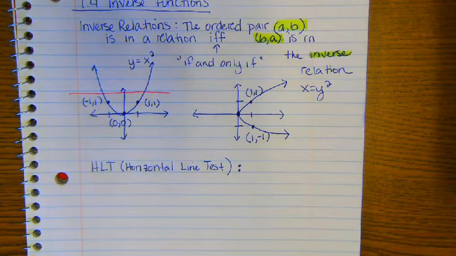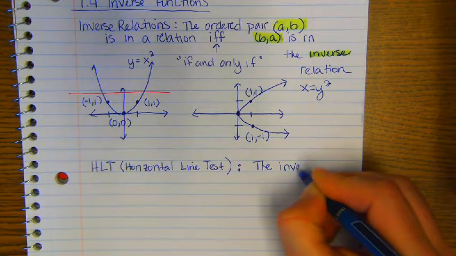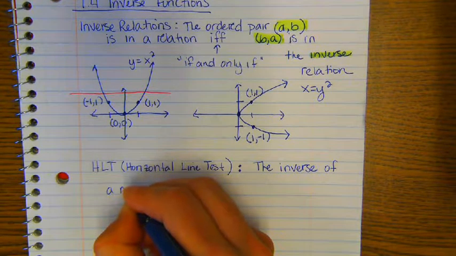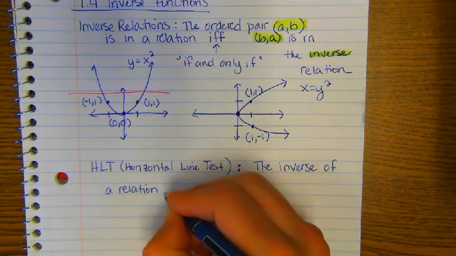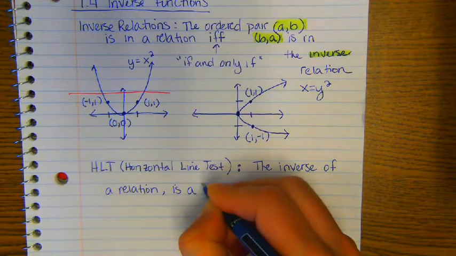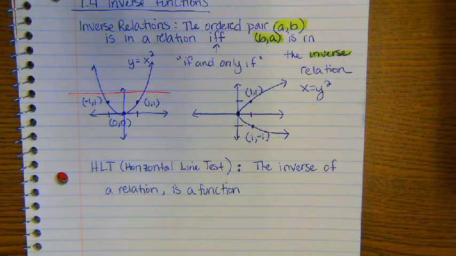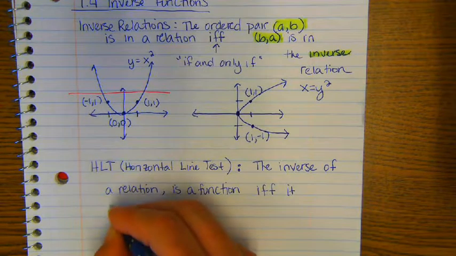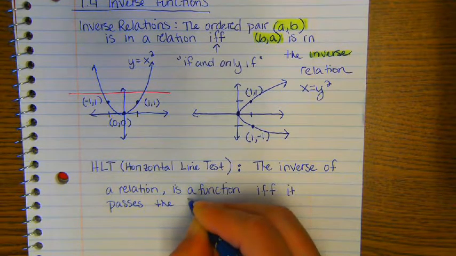So the inverse of a relation is a function if and only if it passes the HLT, horizontal line test.